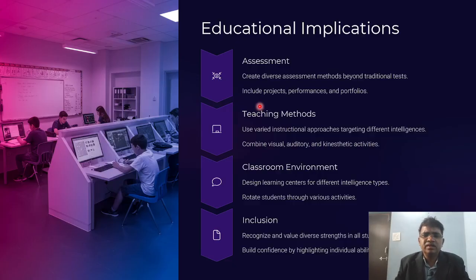Teaching method: it is not only teacher-centered, it is child-centered. Use TLMs, use varied instructional approaches targeting different intelligences, combine visual, auditory and kinesthetic activities. That is multimedia you can use. Classroom environment: design learning centers for different intelligence types, rotate students through various activities. They cannot sit in one place, they have to rotate. Inclusion: recognize the value of diverse strengths in all students, build confidence by highlighting individual abilities. It is an inclusive classroom.